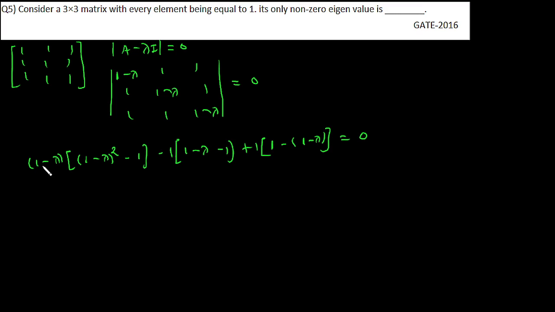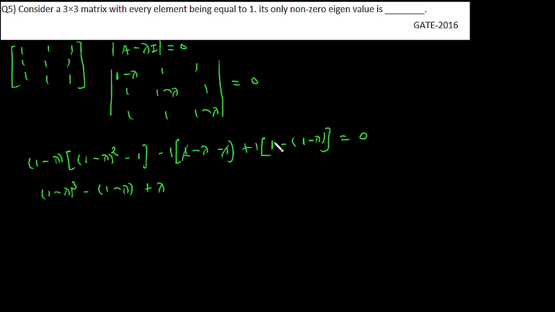So here let's multiply this term with this, so here (1 minus lambda) cube minus (1 minus lambda). Here this plus 1 cancels with this minus 1, so we are simply getting plus lambda.